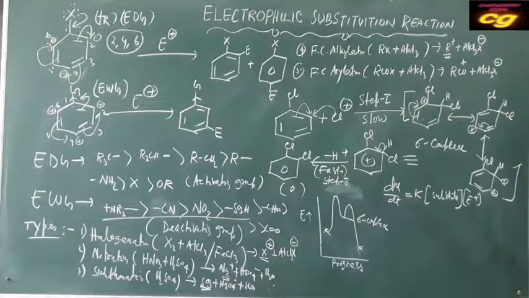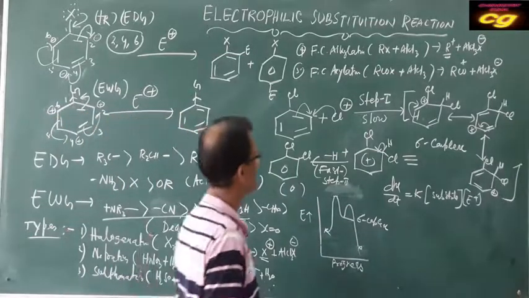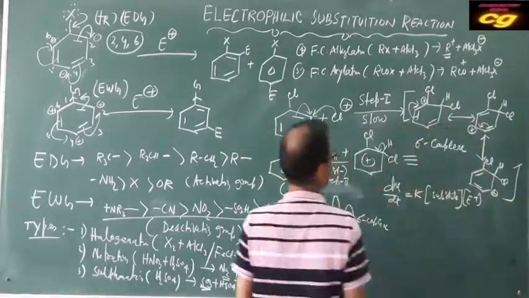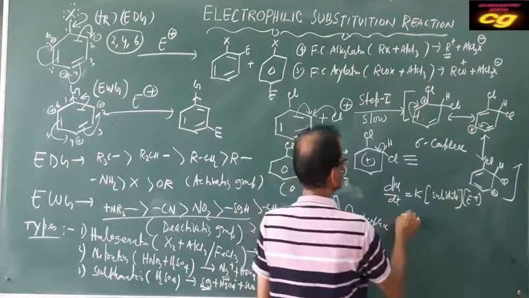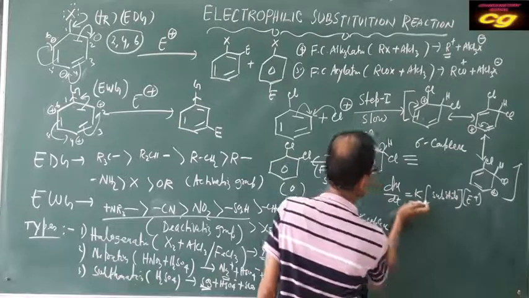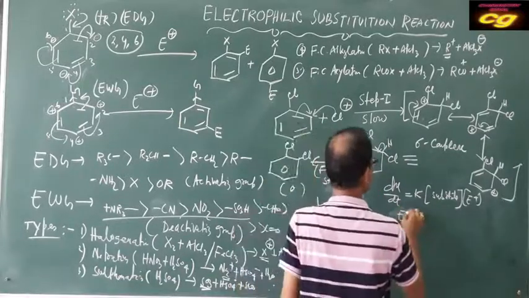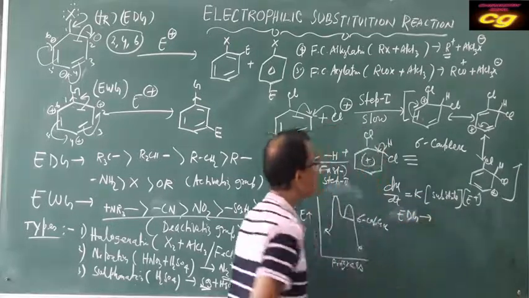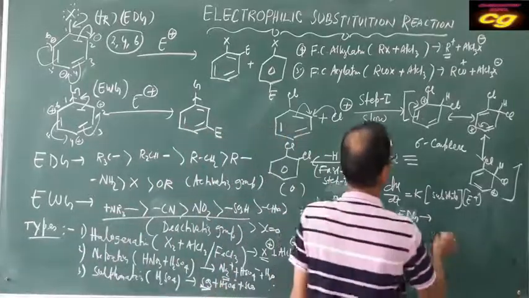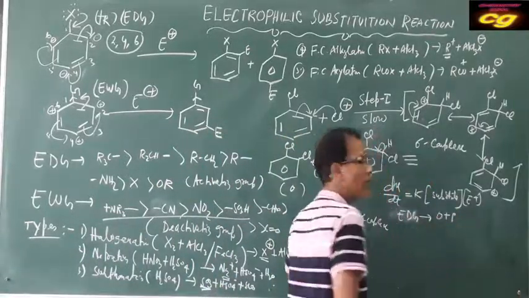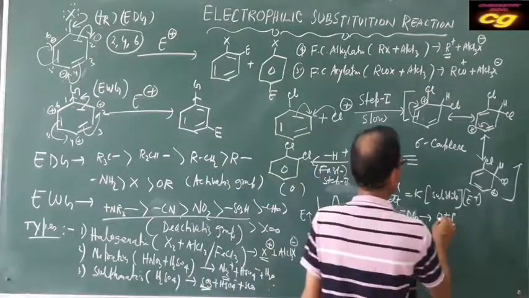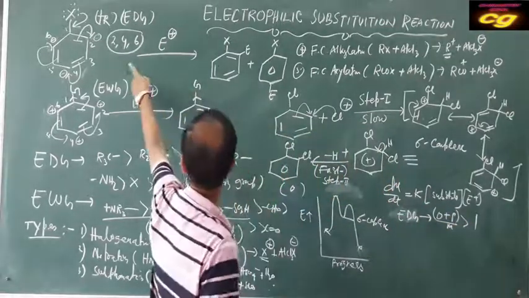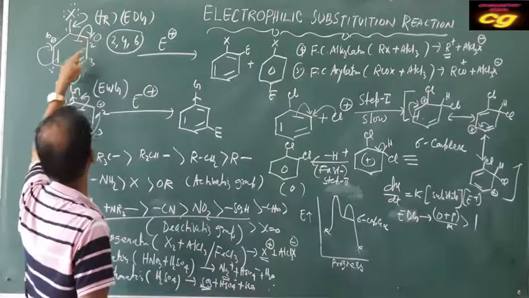Then what is the nature of the product? Generally ortho plus para product is produced. If you take an electron donating group, the ortho-para to meta ratio will be greater than 1, as an electron donating group produces both ortho and para.